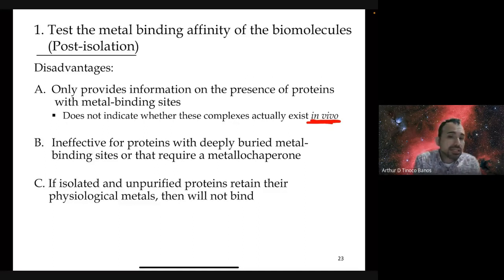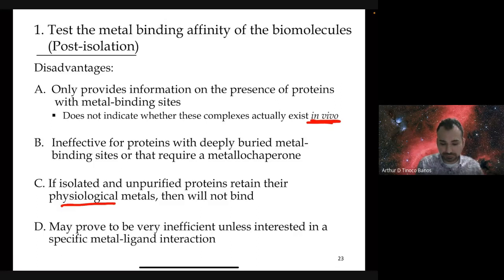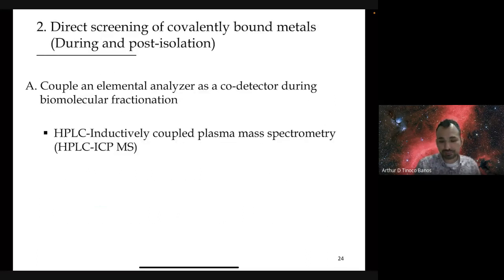If isolated and unpurified proteins retain their physiological metals, obviously their metal binding sites will be saturated and it will be hard to isolate these molecules for whatever metal is on the stationary phase. So this can prove to be very inefficient. Unless you're interested in a specific metal ligand interaction, it probably is not the go-to approach.